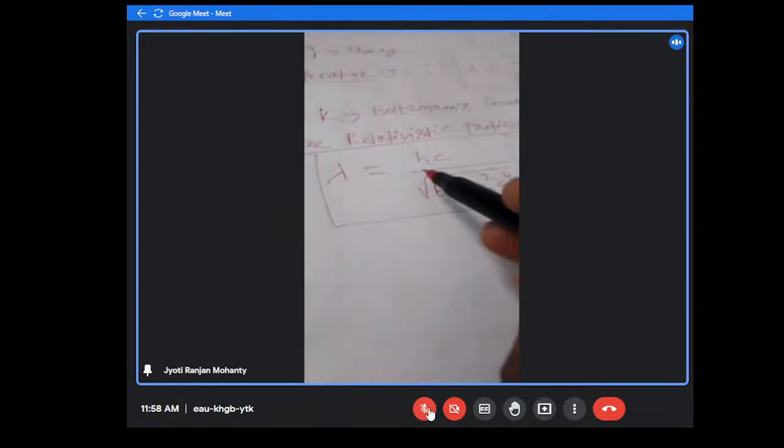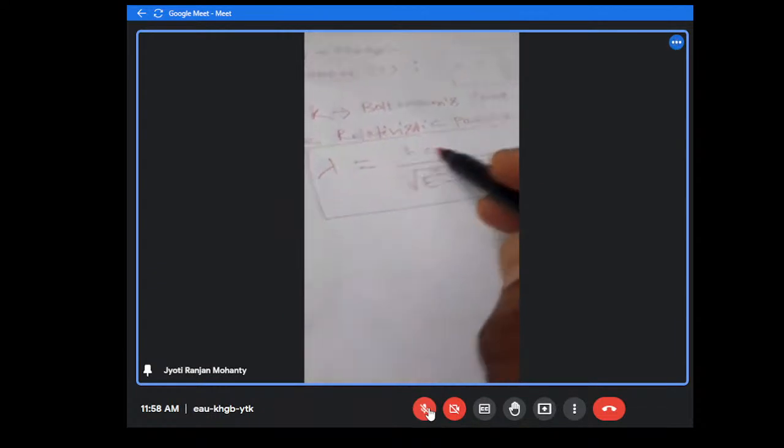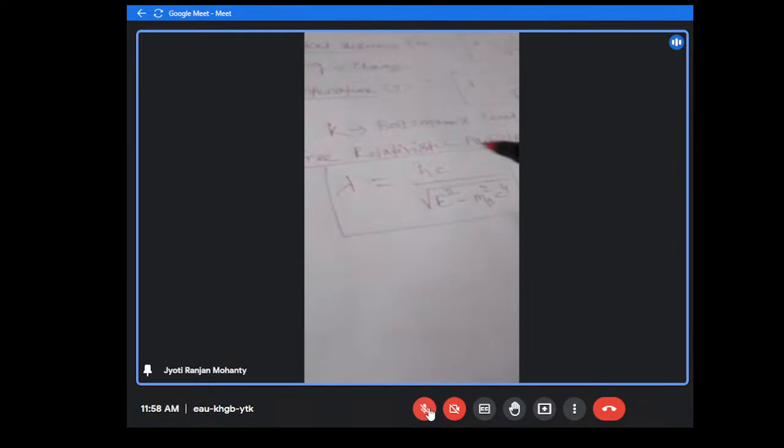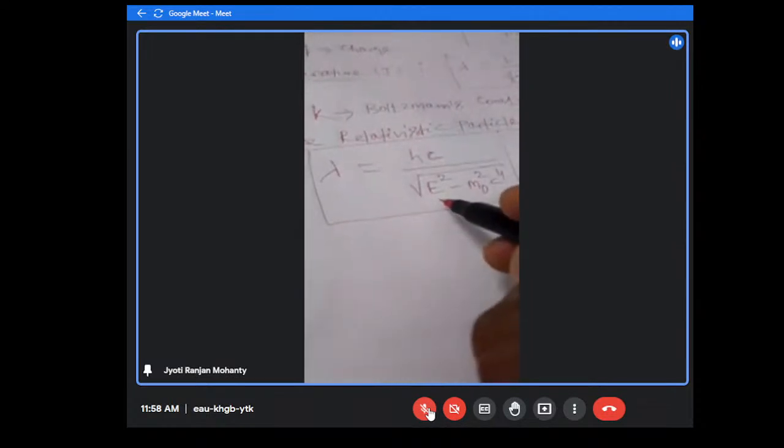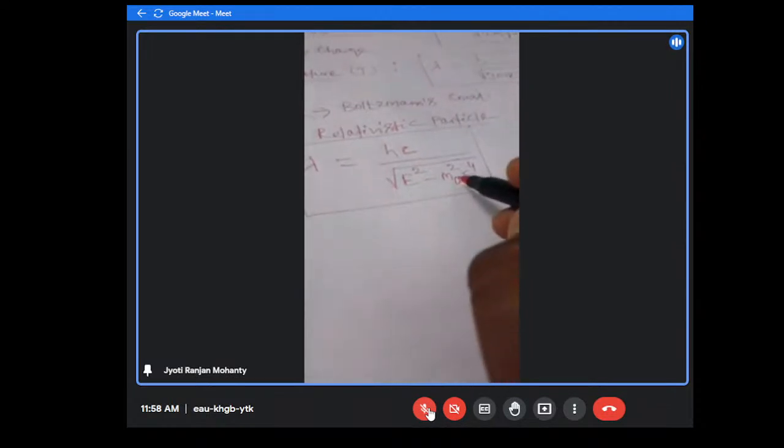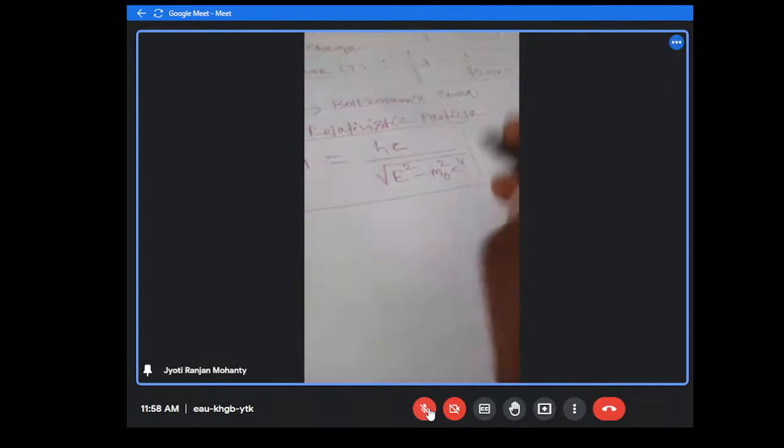Lambda is equal to h into c, h is the Planck's constant, c is the speed of light, E is the energy, m0 is the rest mass of the electron.